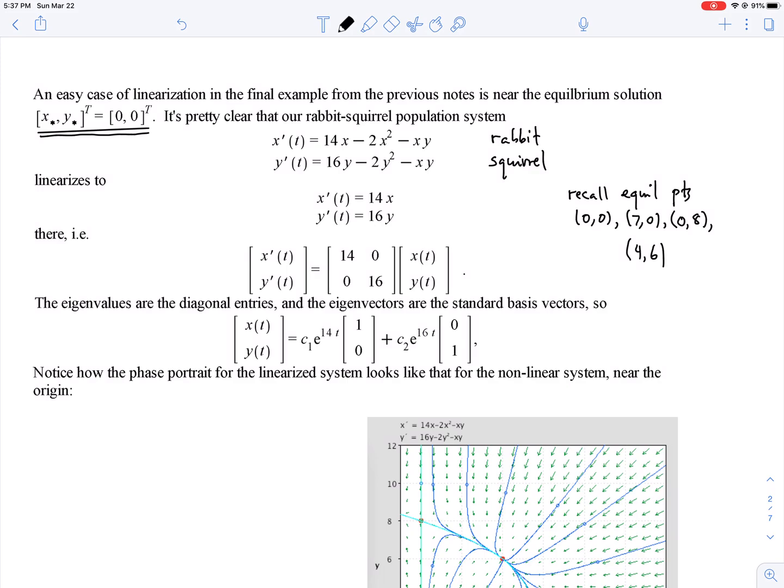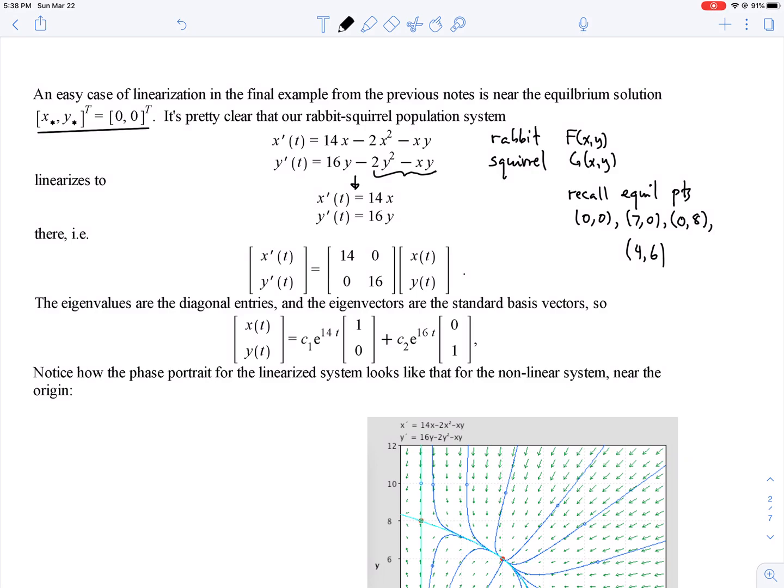Well, we've got our tangent approximation from the previous page set up for us because the f of x, y, which was the rabbits, and the g of x, y, which was the squirrels, are already set up so that we can see the linear terms and the quadratic terms, which we throw away.